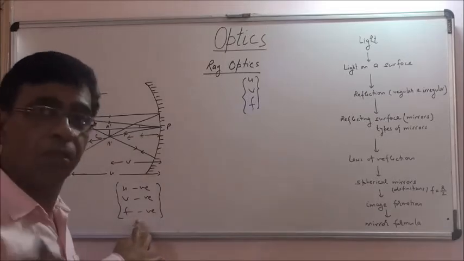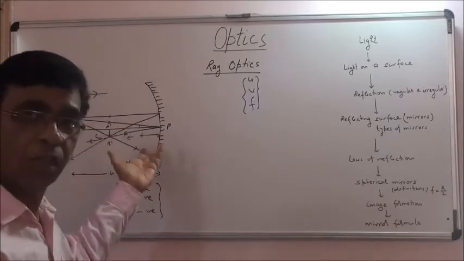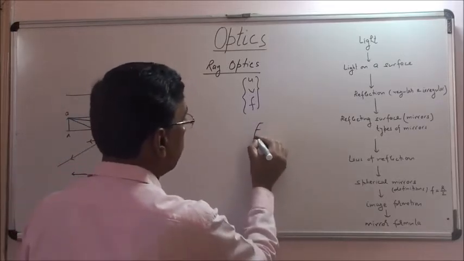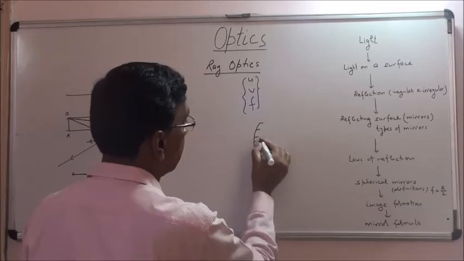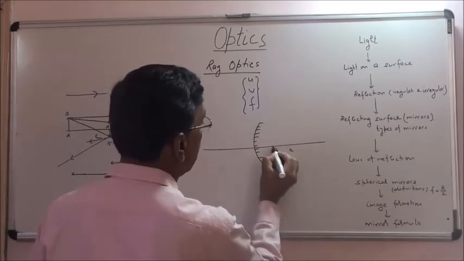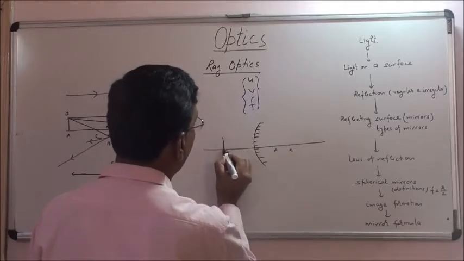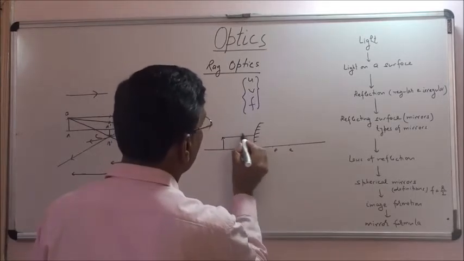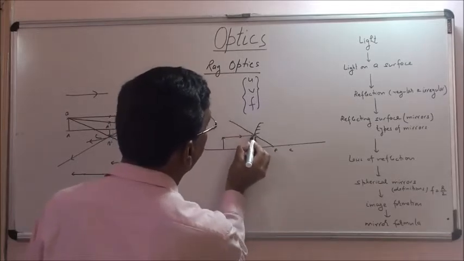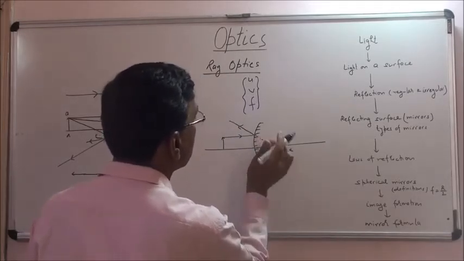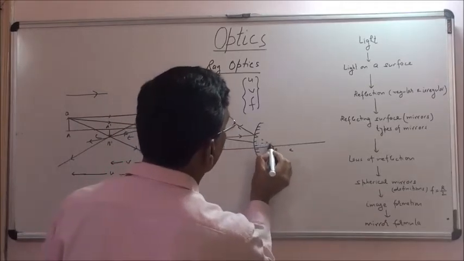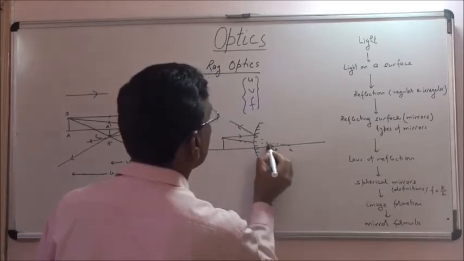F for concave mirror will always be negative because this point will always be taken here. While for convex, we know the focus is on the right side. This is C, this is F, and if I take an object here and draw the ray diagram, parallel appears to come from focus, and another one through C, it returns, here is the image.